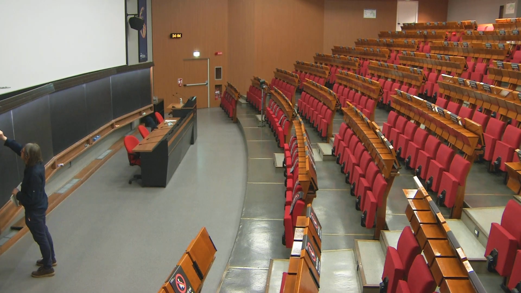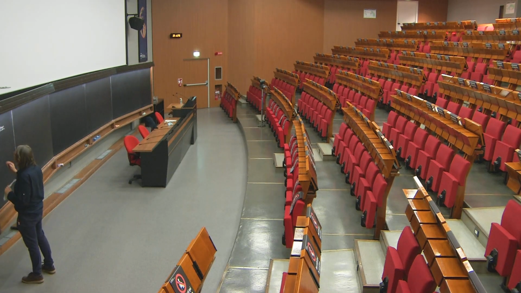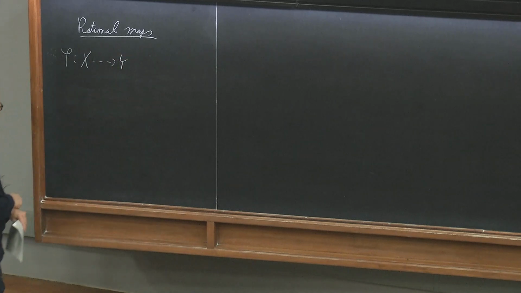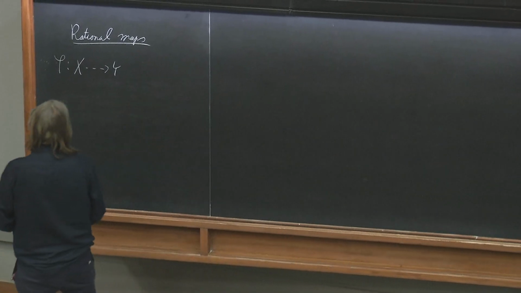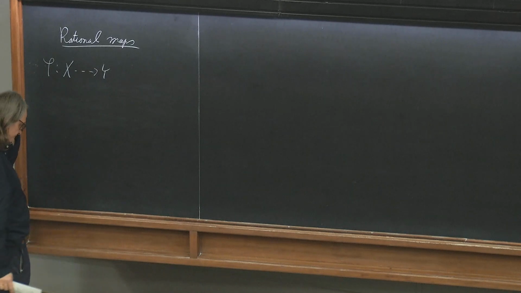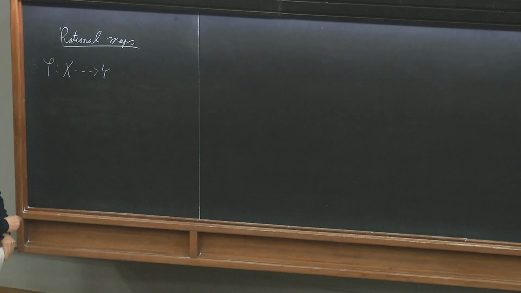So we had been last talking about rational maps. A rational map from X to Y is an equivalence class of morphisms from open subsets of X to Y, where two such are equivalent if they coincide on the intersection of these open subsets.